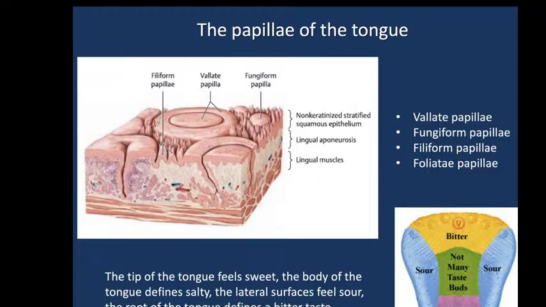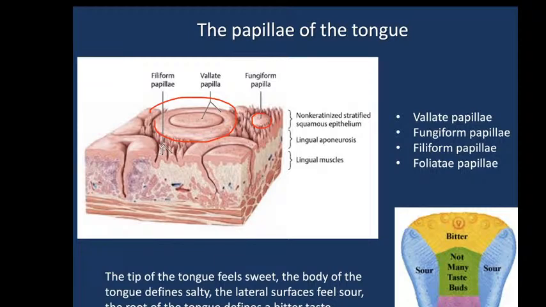The biggest one here is the vallate papillae. Usually they serve as taste receptors. Fungiform papillae here, they look like fungi, like mushrooms, and they also have a function to taste the food.